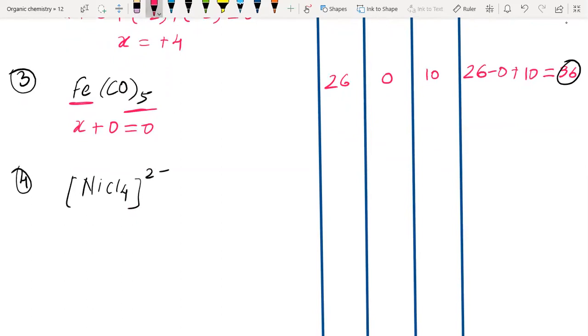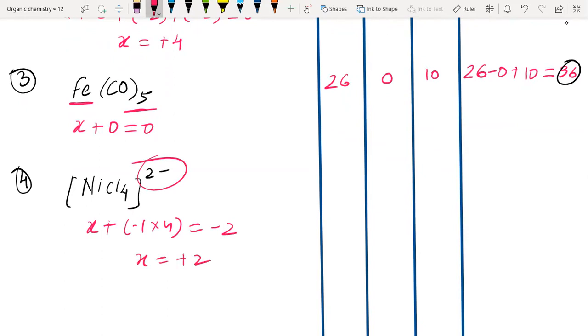First we try to find out the oxidation number. For nickel we'll consider x. Chlorine is minus 1 into 4 equals minus 2. Why minus 2 this time? See the charge which is given. So x equals plus 2.